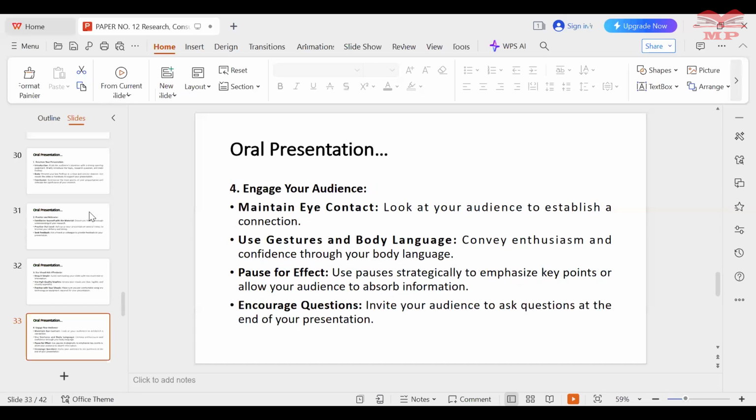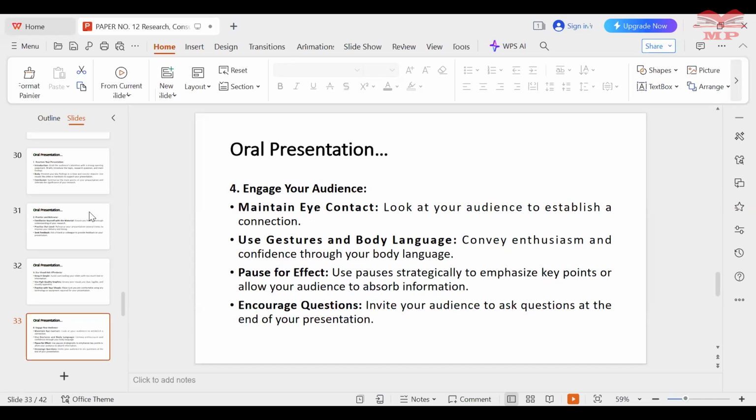Then four, engage your audience. And how is the presenter expected to engage the audience? This can be done by maintaining eye contact, using gestures and body language, using pause for effect, and encouraging questions.